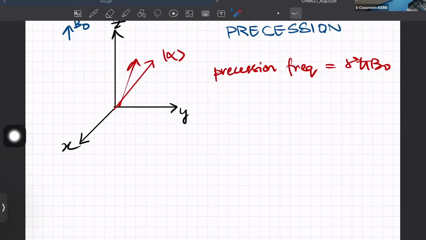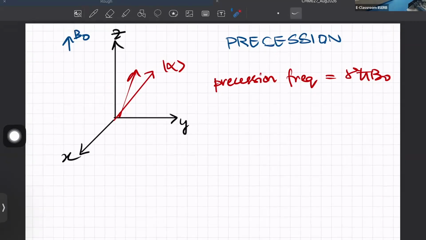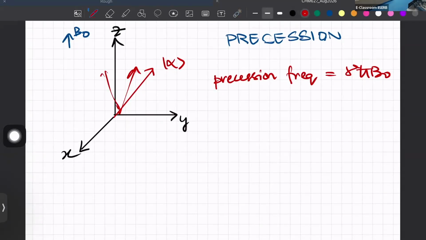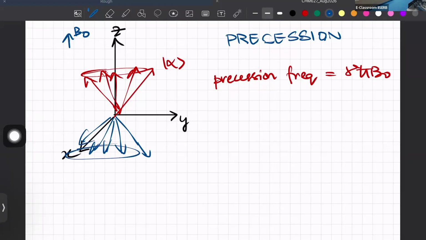Okay. Now that we have understood this, how does this end up affecting the bulk magnetization M0? What I mean by this is that we saw in the previous class, you can think of it as a bouquet of nuclear spin vectors, each having a certain length and its own precession frequency, with a certain population difference at equilibrium, resulting in a net bulk magnetization along B0.